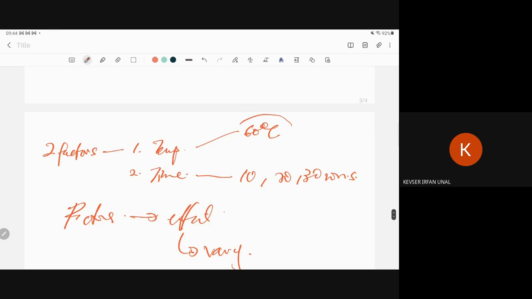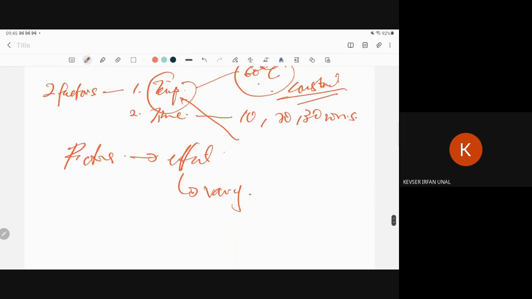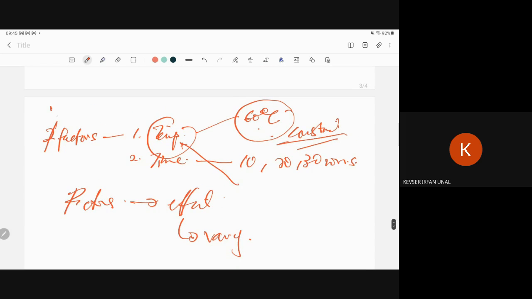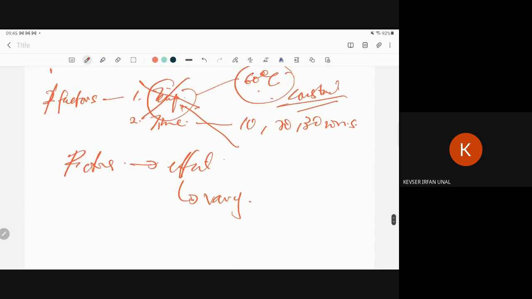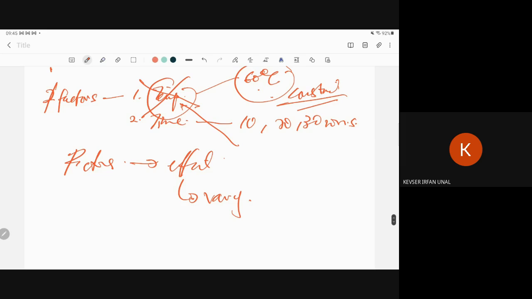By taking this one, 60 degrees C, it is actually not a factor because it is constant. You can never determine the effect of temperature because you only use one. So this is actually a one-factor design. Your factor is time.